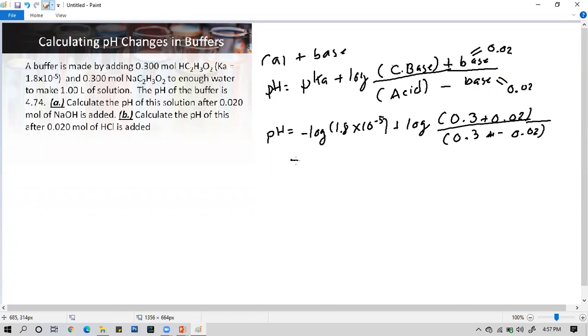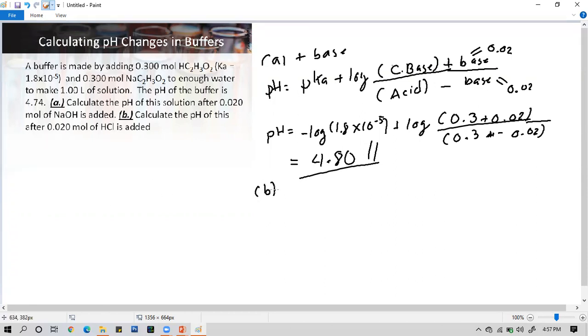Now, magdadirect computation na tayo here, and the answer should be log of 0.3 plus 0.02 over 0.3 minus 0.02. And voila, you'll have the answer, which is 4.80. That's it. Now take a screenshot and we will proceed to letter B.